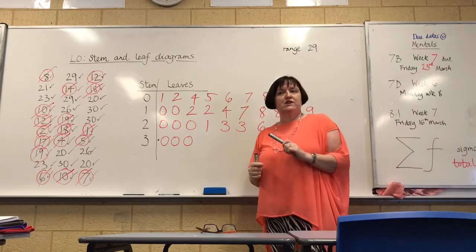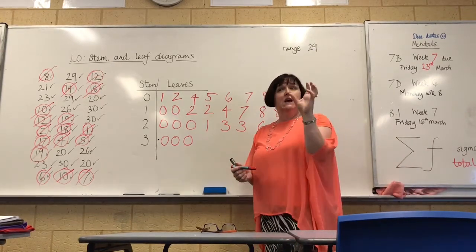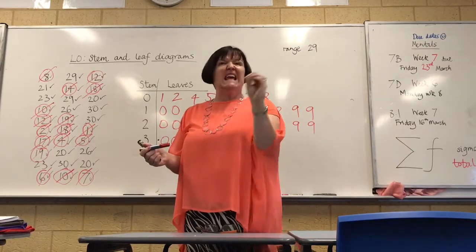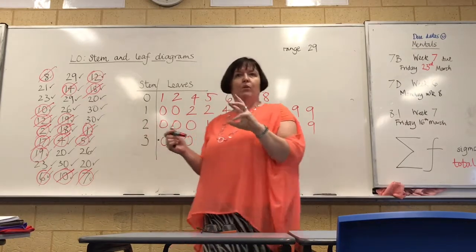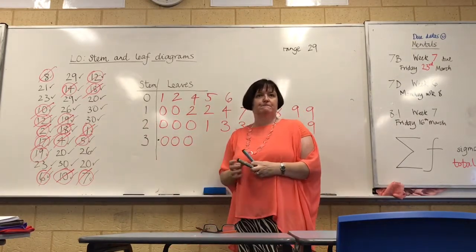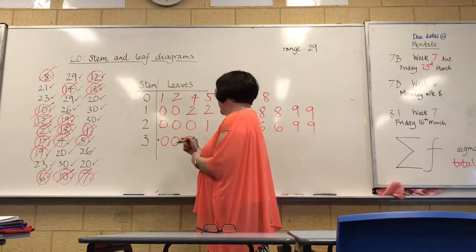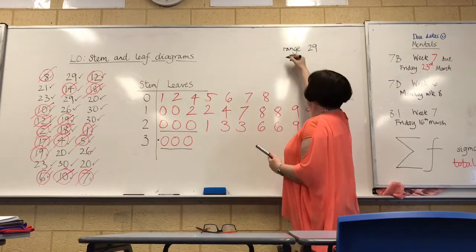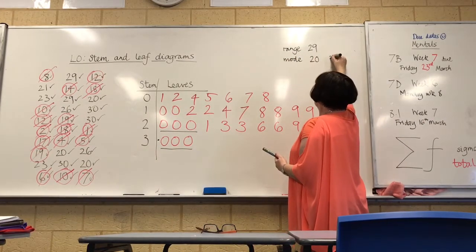The other thing that's useful is we can look for the mode quite easily, because when we look for the mode, we're looking for leaves that repeat themselves. So what's the mode? We've got 30, and 20. So the mode is 20 and 30.